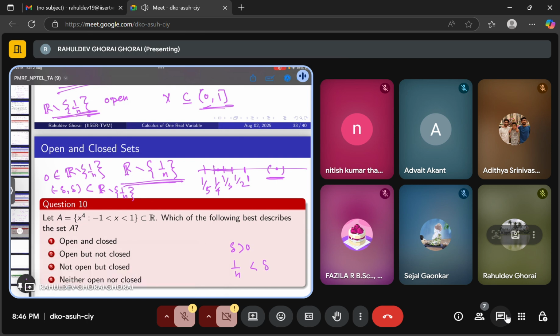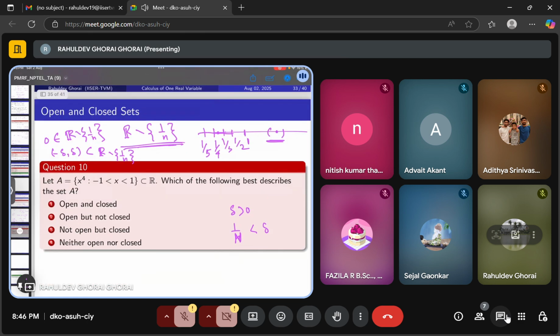So there exists an n, let's say capital N, such that 1 by N is less than delta. So what you can find is that minus delta to delta cannot be a subset of R minus 1 by n, because it contains 1 by capital N.